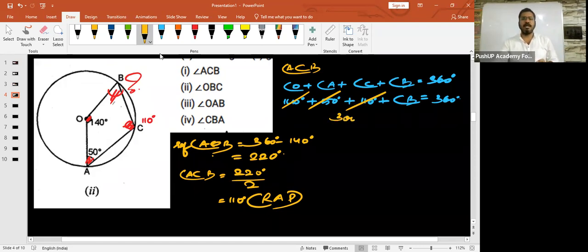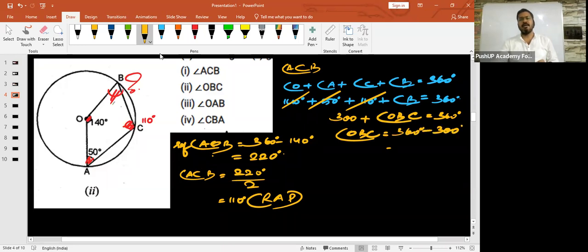So 300 plus angle OBC is equal to 360. So you get angle OBC is equal to 360 minus 300, which is equal to 60 degrees. Please do mention angle sum property of a quadrilateral.